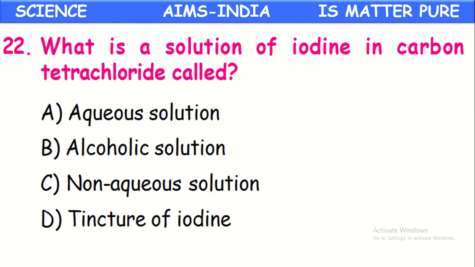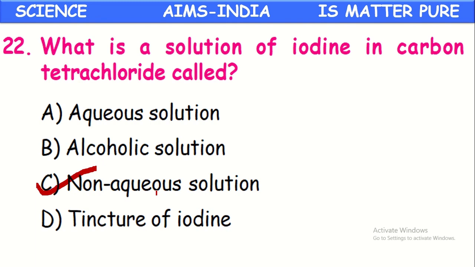Next, what is a solution of iodine in carbon tetrachloride called? Carbon tetrachloride is one of the solvents in the chemical laboratory, just like water, but it is not water. So when iodine dissolves into carbon tetrachloride, it forms a solution which we can call a non-aqueous solution, because aqua or aqueous means water.